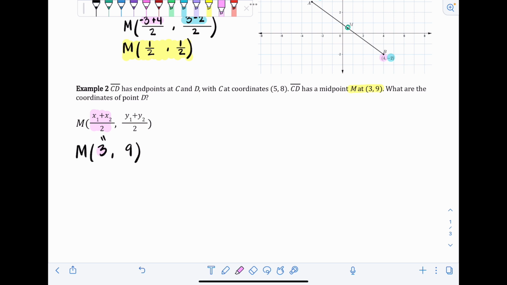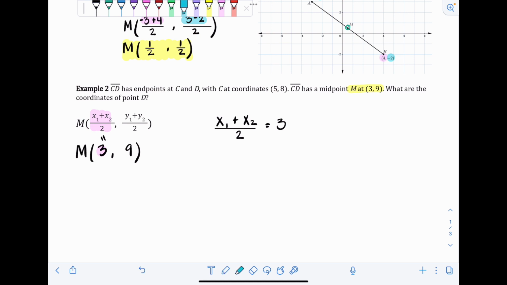So that can be one equation. It could be x1 plus x2 over 2 equals 3. So that's going to help us find a missing x coordinate.